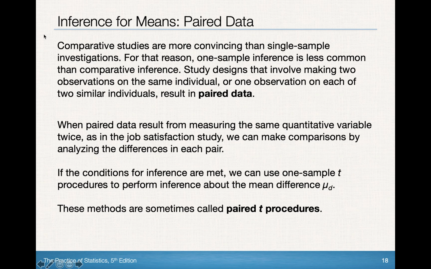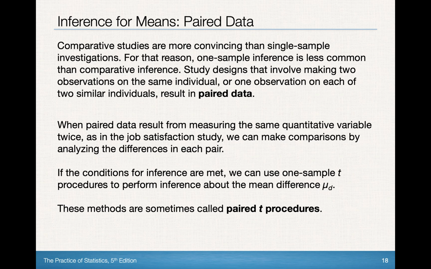So when paired data result from measuring the same quantitative variable twice, as in job satisfaction, we can measure the satisfaction by doing one thing and then doing something else in the actual workforce, and then seeing if their job satisfaction is better or worse. We're comparing a pair.